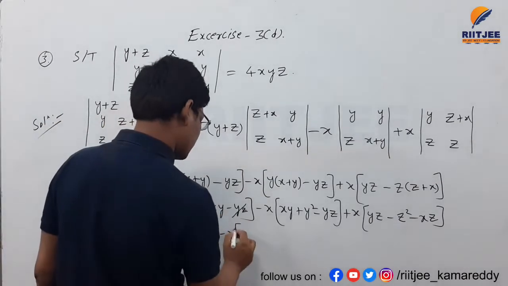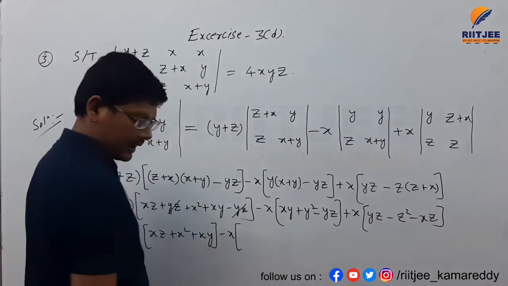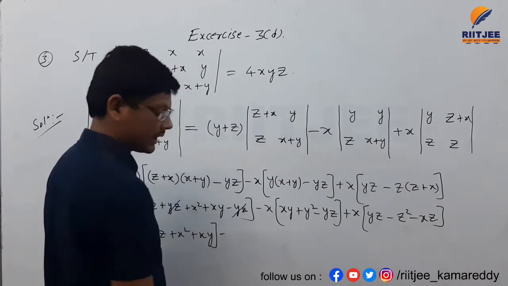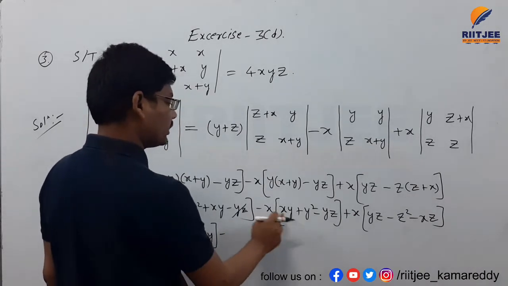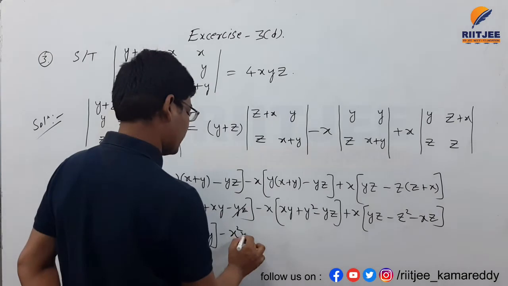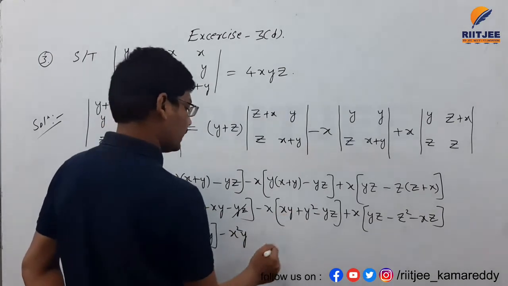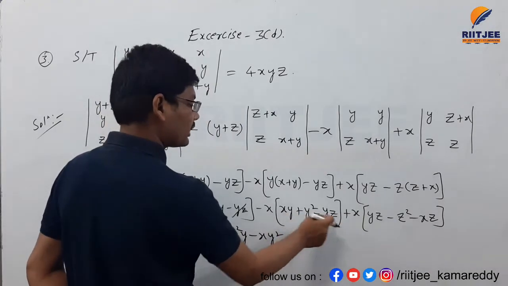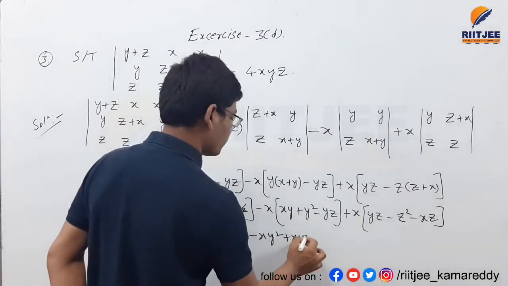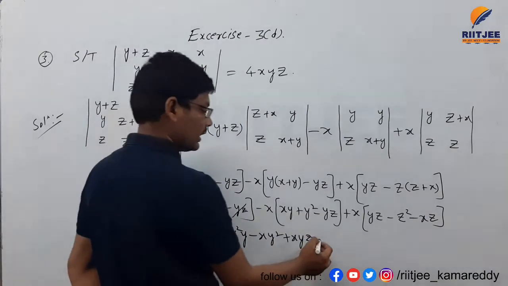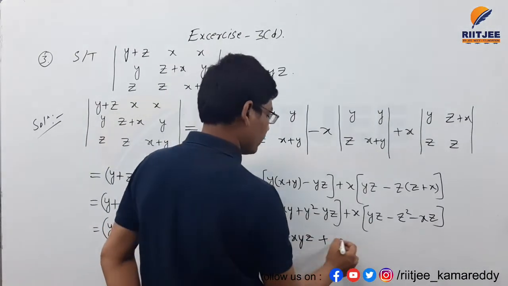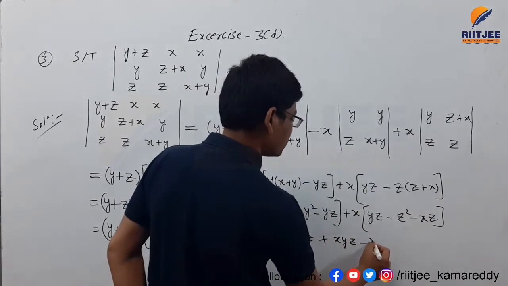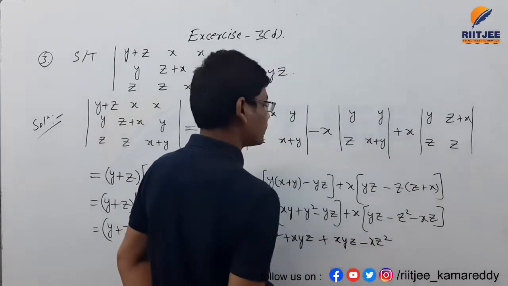Minus x into xy, minus x square y, minus x into y, minus xy square, minus x into minus yz, that is plus xyz, minus into minus becomes plus. And directly I am multiplying x into yz, xyz, and minus yz square, xz square, minus xz square.